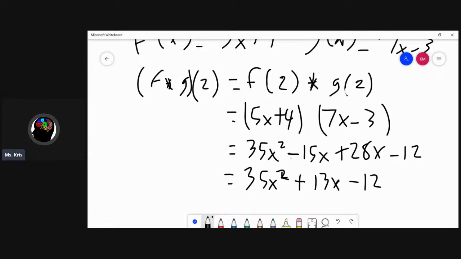Then the number you have, you substitute it into the equation. Once you substitute, you solve. And that's all you have to do as it relates to numbers.